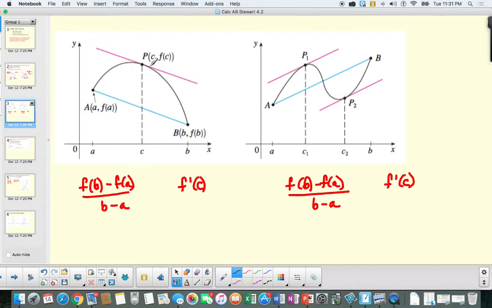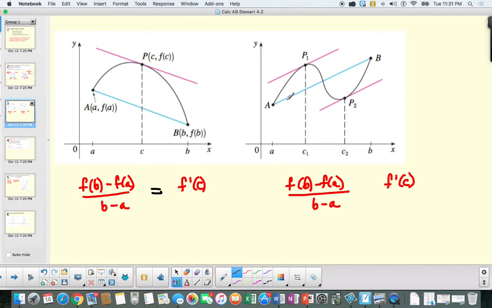So we're saying that the instantaneous rate of change is going to be equal to the average rate of change. Now, the mean value theorem says you're going to find at least one c. There's sometimes more than one c. The mean value theorem doesn't tell you how to find all of them. It just says there's at least one.